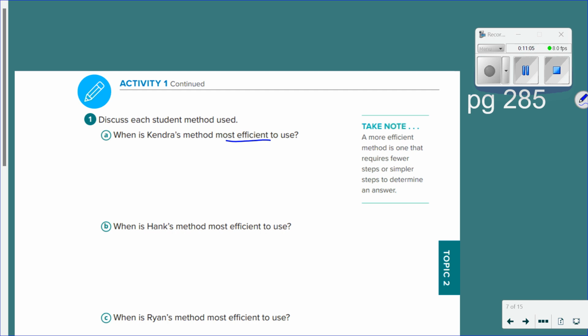Simplified it. So if it's easy to simplify the fraction, the percent into a fraction.